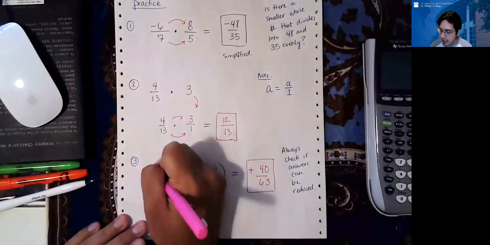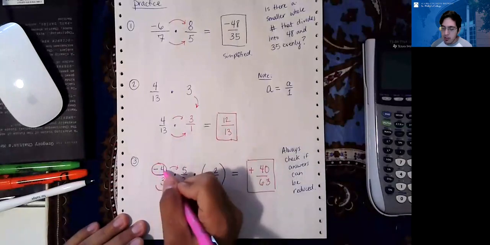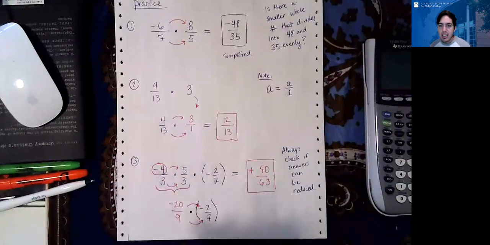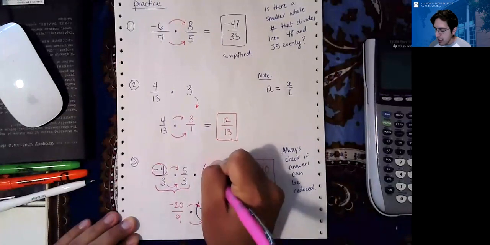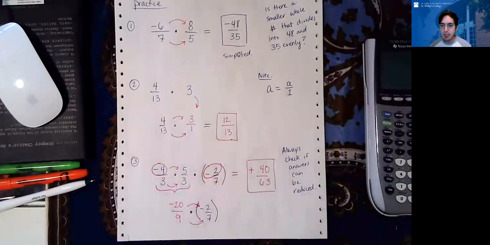So we treated that negative, and it's clear that the negative is on top of the fraction here, but we set it as -4/3. If I have the negative sign in front of the fraction, you still read it the same way, right? -2/7. So if that negative sign is in front of the fraction, it's the same as if it's on top.